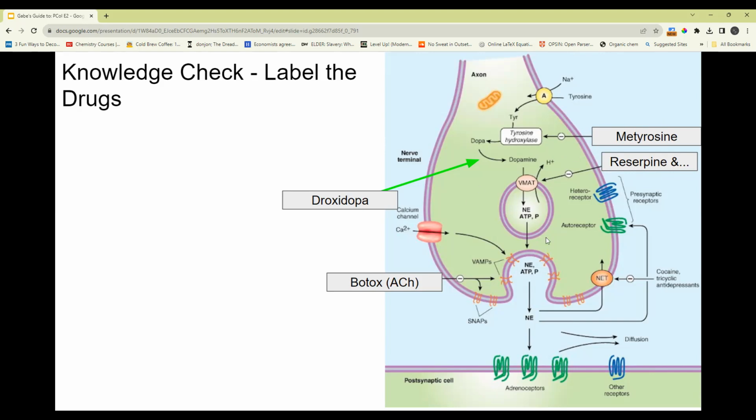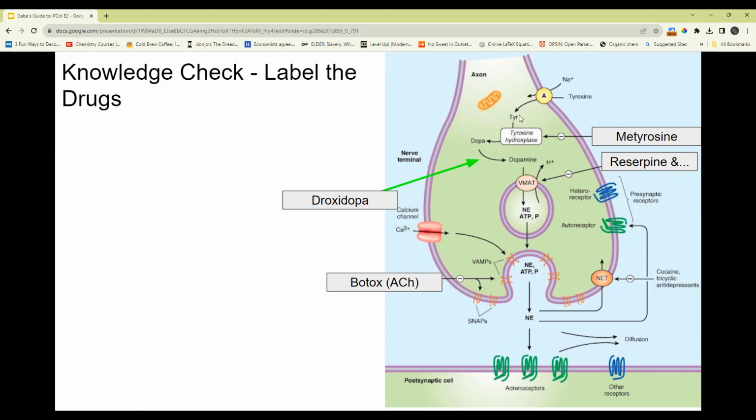Basically, yeah, the VMAT is preventing dopamine, right? It's stopping this transfer of dopamine into the vesicle. But metyrosine is working upstream from that, right? So are you even making any dopamine to go through VMAT? No. So does it really make sense for reserpine to be administered with metyrosine? Not really, because you're working in the same flow of molecules.